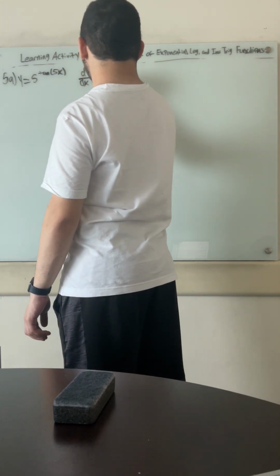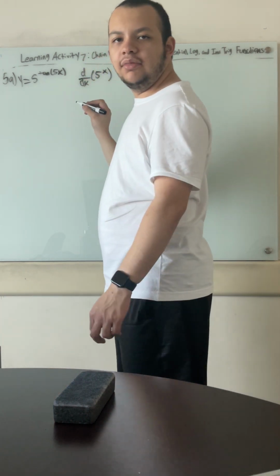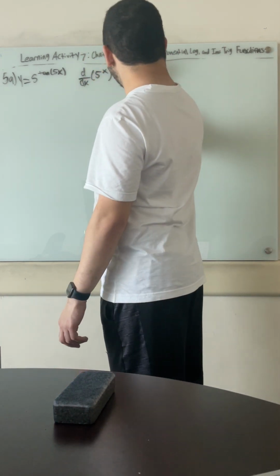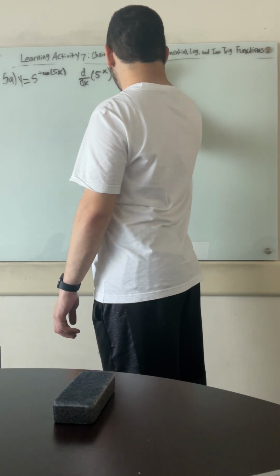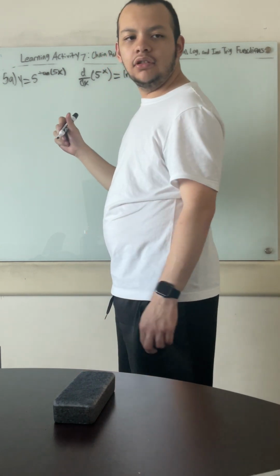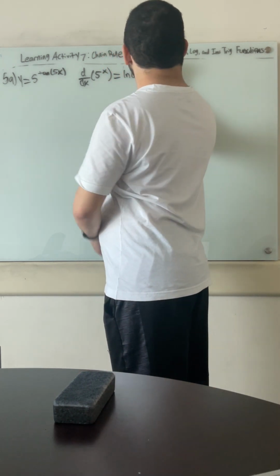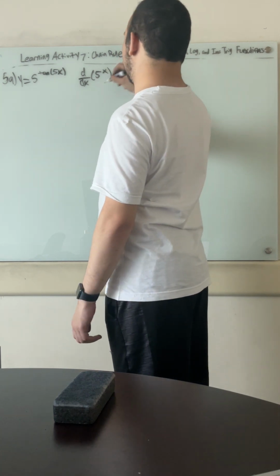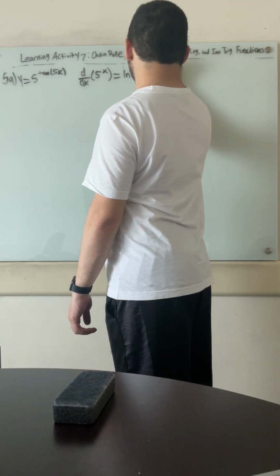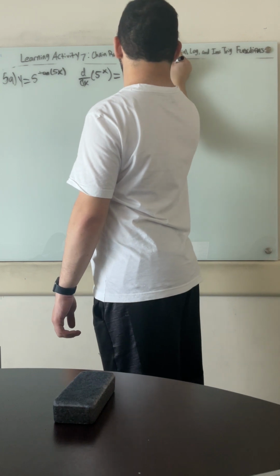Any constant to the power of x is just going to be equal to the natural log of 5, so ln 5, times whatever is inside here. So ln of 5 times 5x.